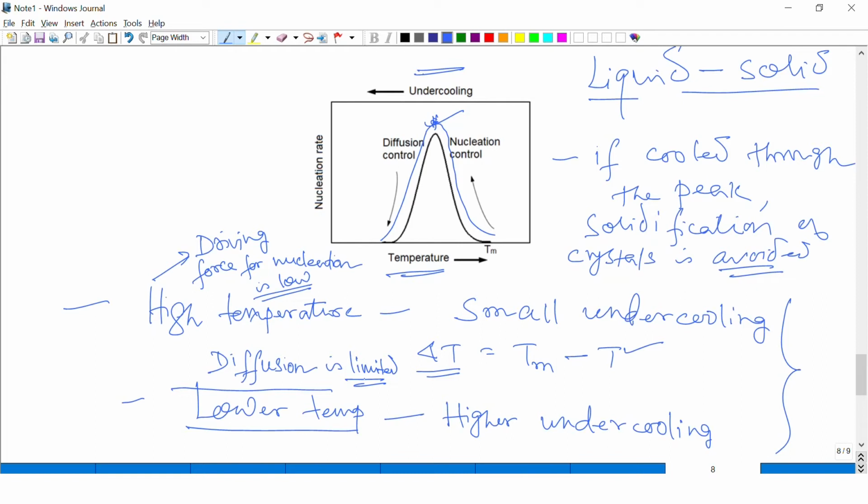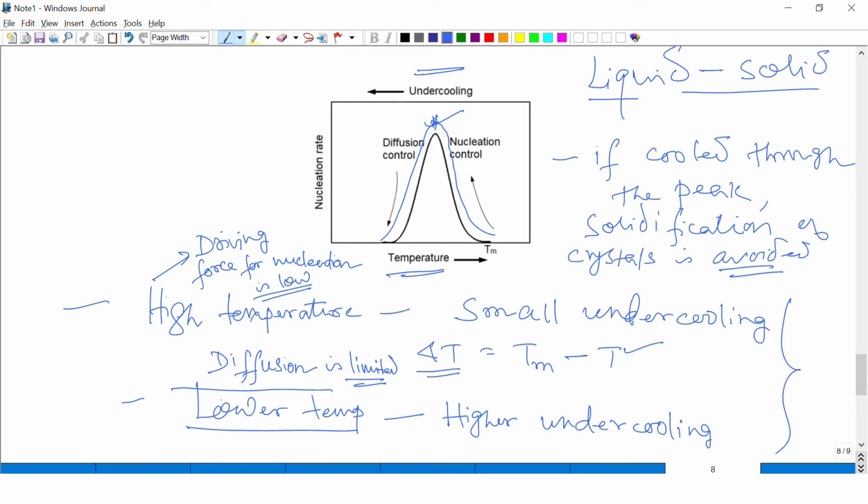Okay. So, on one hand we have high temperature and low driving force for nucleation, and on the other side we have low temperature where diffusion is limited.